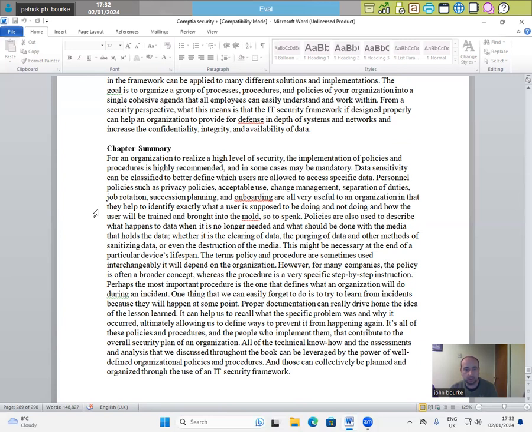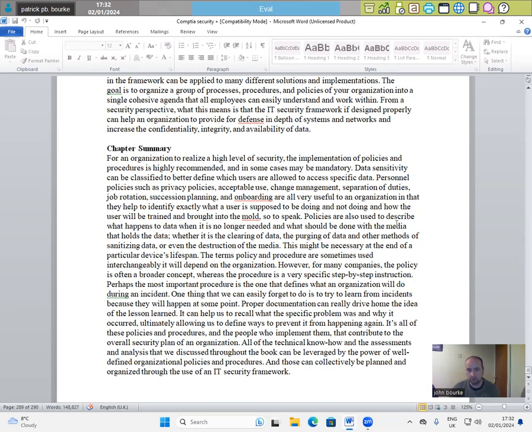Personnel policies such as privacy policies, acceptable use, change management, separation of duties, job rotation, succession planning, and onboarding are all very useful to an organization in that they help to identify exactly what a user is supposed to be doing and not doing, and how the user will be trained and brought into the mold, so to speak.